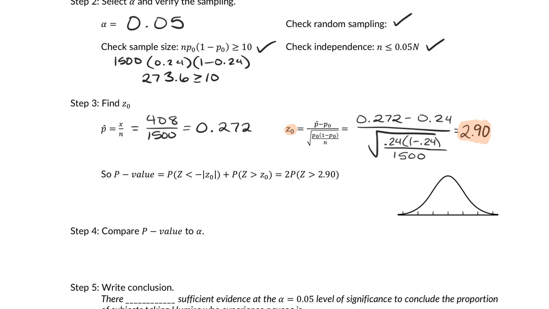Now I wrote out the formula of why you use 2 times the absolute value. It doesn't really matter as long as you can see that we are doing 2 times the probability that z is greater than 2.9. So on your table, let's find the probability that z is greater than 2.9. So go to 2.9 on your z table. Notice we're doing greater though, so flip it over to the negative side, negative 2.9.